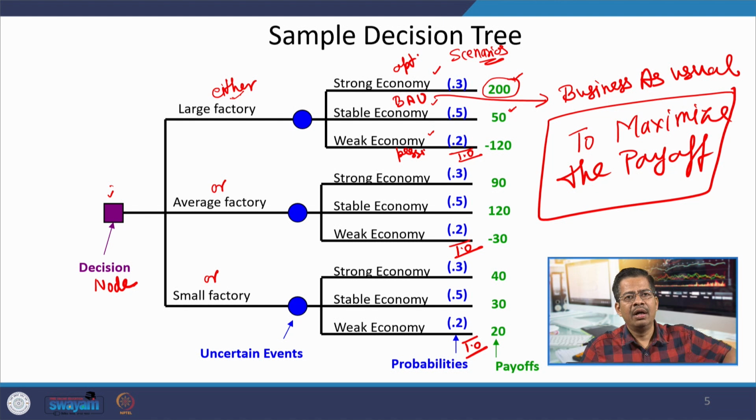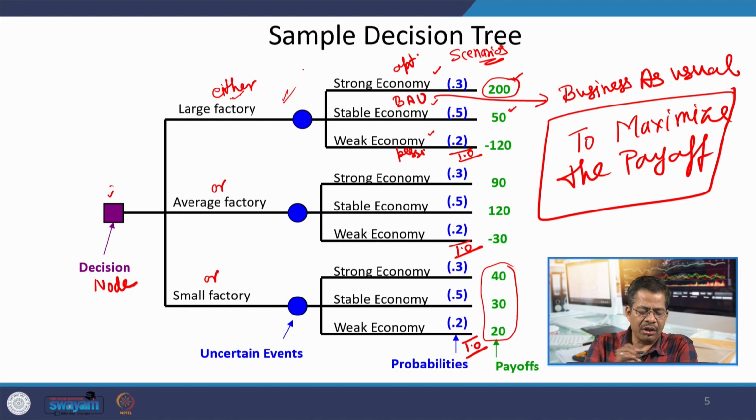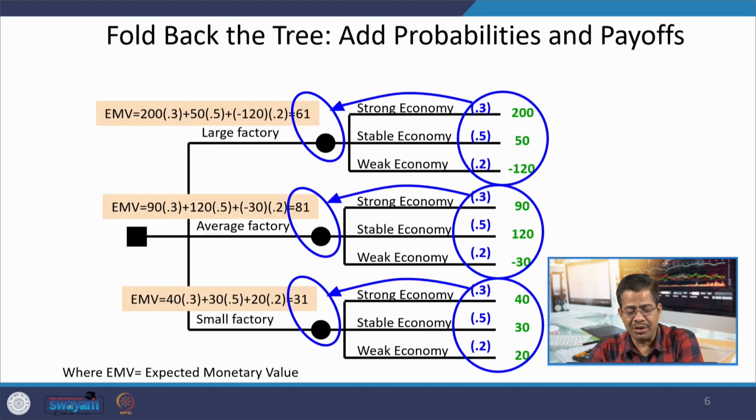So, if I am a risk-averse person, I will not like to take risk, I will not like to go for losses, I may go for these kinds of scenarios. But on the other side, I may be ready to take risk also. So, if I want to take risk, I will go for a large factory. But how to take more rational decisions in such scenarios, that is what we are going to discuss.